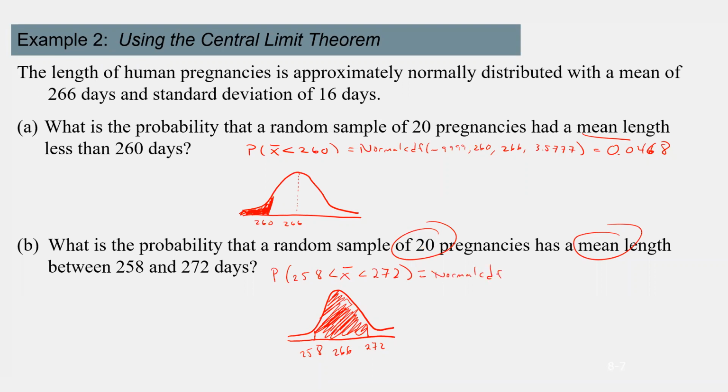So it's normal CDF. What's my lower here? Yep. What's my upper? Yep. Thank you. And then my mean stays the same as 266. My standard error, standard deviation was 3.5777.